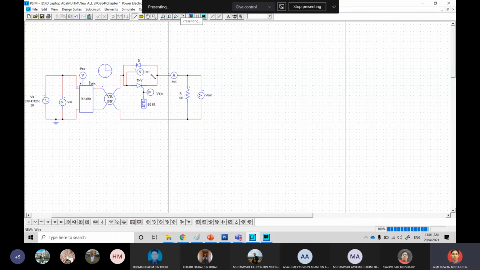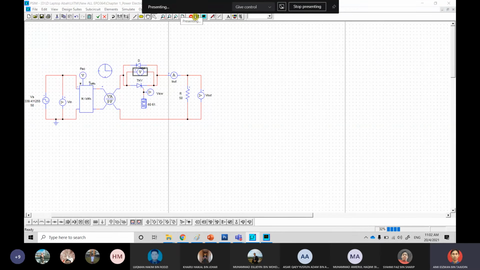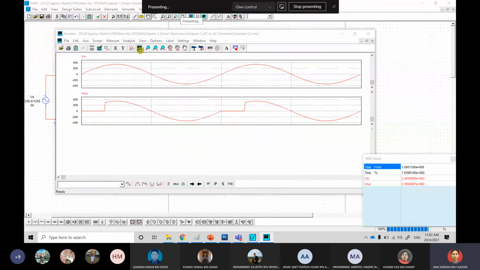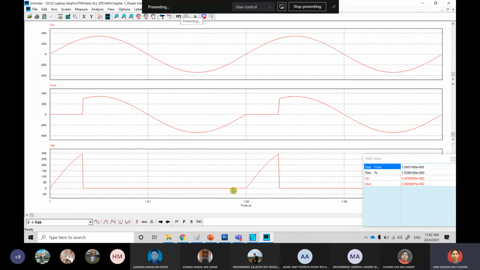Okay. So apa yang kamu nampak dekat VAK? Apa yang kamu boleh faham daripada gambar VAK bawah ni?